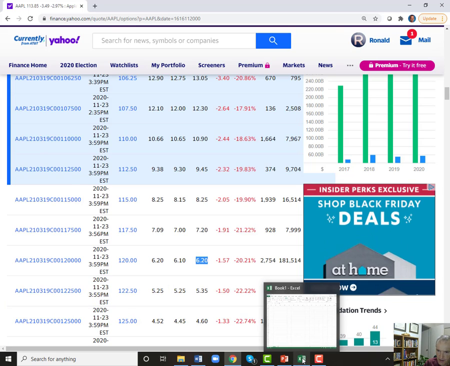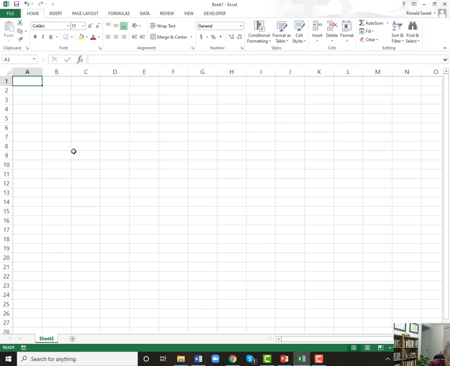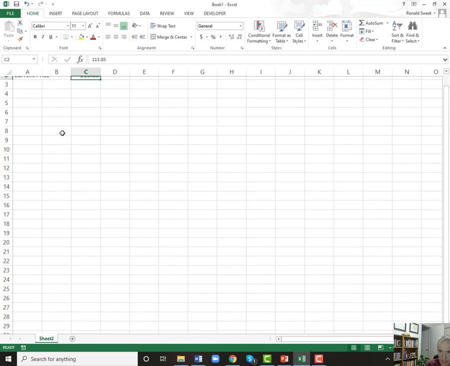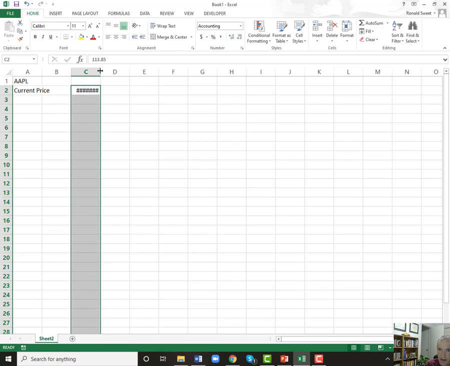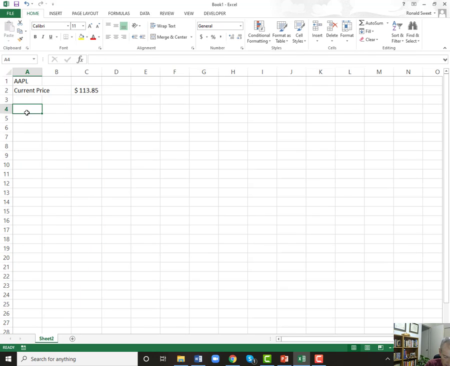So let's put that into our model here. We've got Apple as our stock. Its current price is 113.85. So we'll put that in there, 113.85. And we've got a call option.